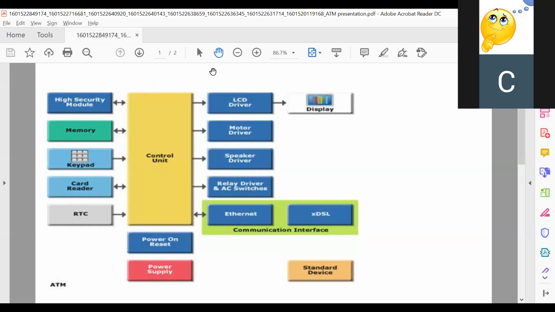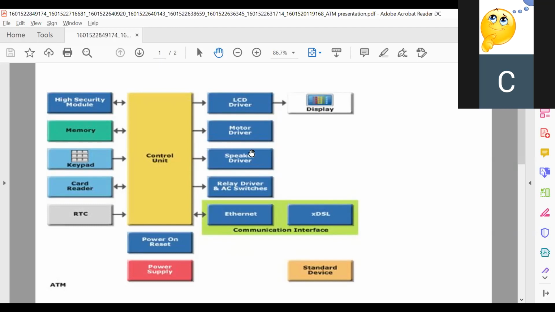Then only it operates. ATM machines have four output devices. One is a speaker, then a display screen, then a receipt printer, then a cash depositor. When we press some button, the speaker automatically says what we need.